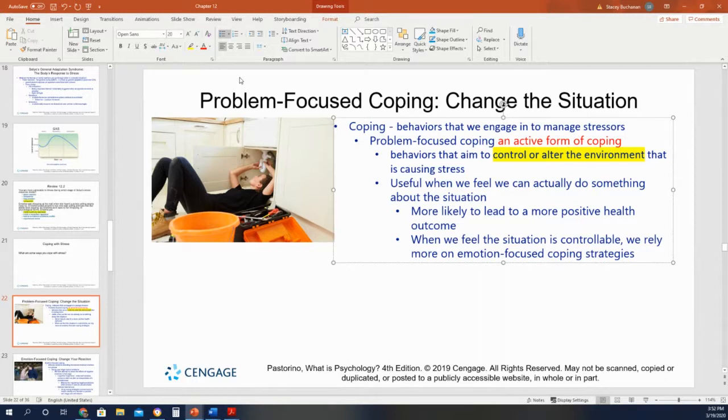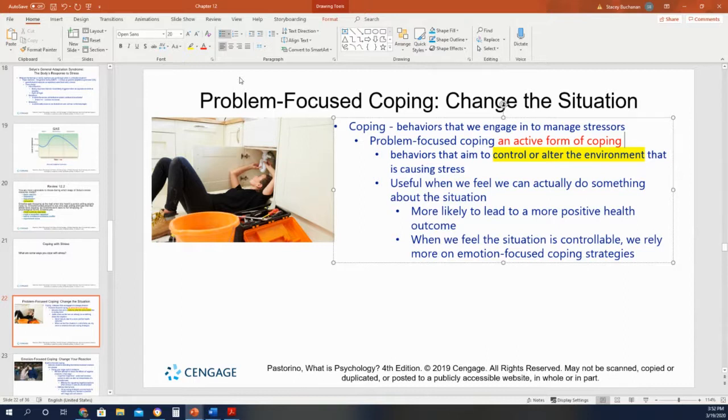There are obviously, and we'll get to this on the next slide, forms of stress where you feel like you can't do anything. So let's think back to people who have an internal or an external locus of control. People who have an internal locus of control feel that they can change their environment.